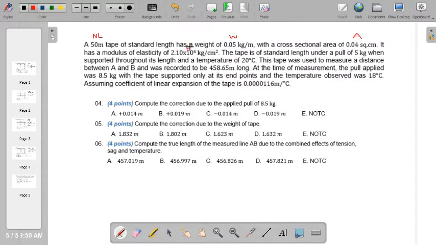Okay. The tape is of standard length under a pull of 5 kilograms. So it's standard when it was pulled by 5 kilogram force, right? So when supported throughout its length and the temperature of 20 degrees Celsius.